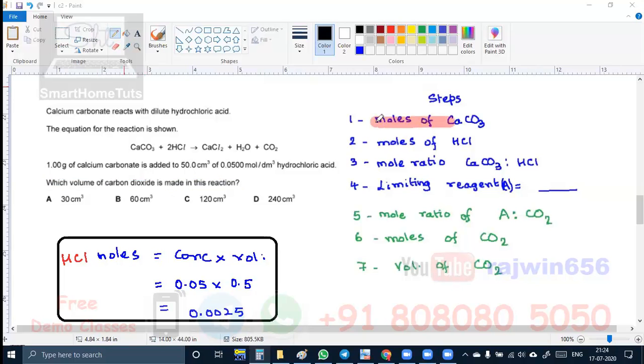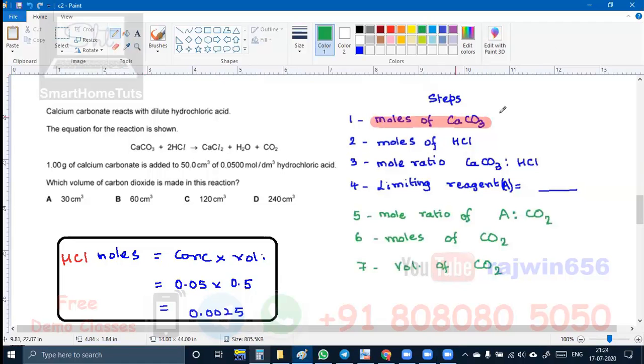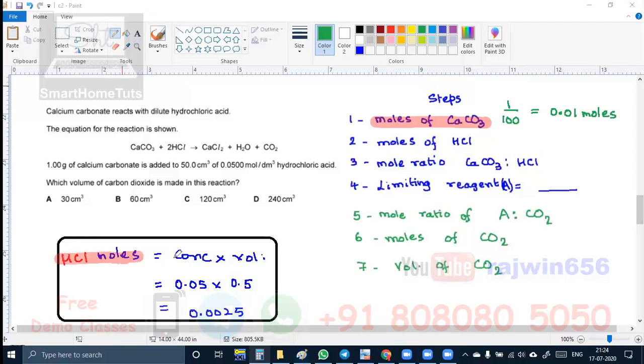First, I'm going to calculate the moles of CaCO3. 1/100, correct, it is 1 gram, which equals 0.01. So this is going to be 0.01 moles. Moles of HCl I have calculated over here: moles is concentration multiplied by volume.